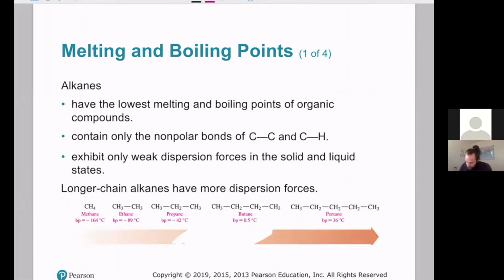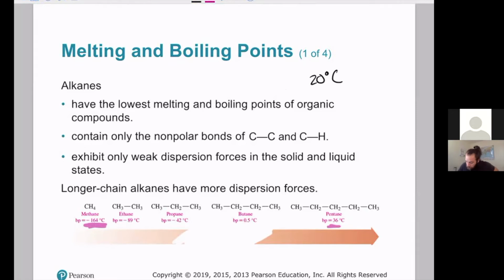And so the trend here is the boiling point of these compounds, so the point at which it goes from being a liquid to a gas. If it's really, really low, that means it's going to be a gas at room temperature, right? Whereas if the boiling point is higher than room temperature, which is somewhere around 20 degrees Celsius, then that means that it's a liquid at room temperature, okay?